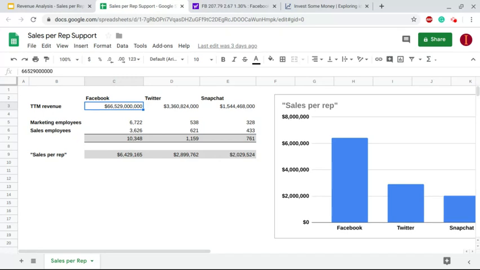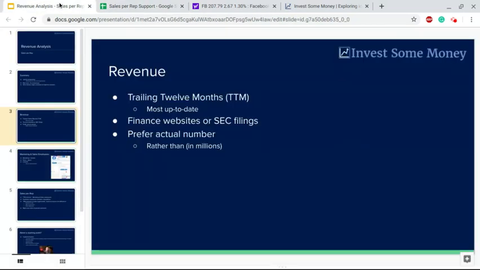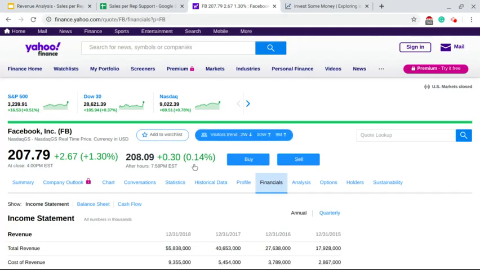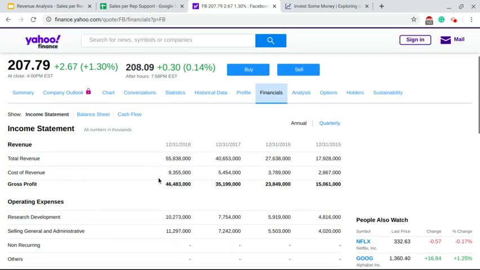But in this case, just leave it or use the actual number. So revenue, it's pretty easy. Like I said, you go to Facebook, go to financials. Here's revenue quarterly, and my screen must not be wide enough here, because maybe it's on this one.